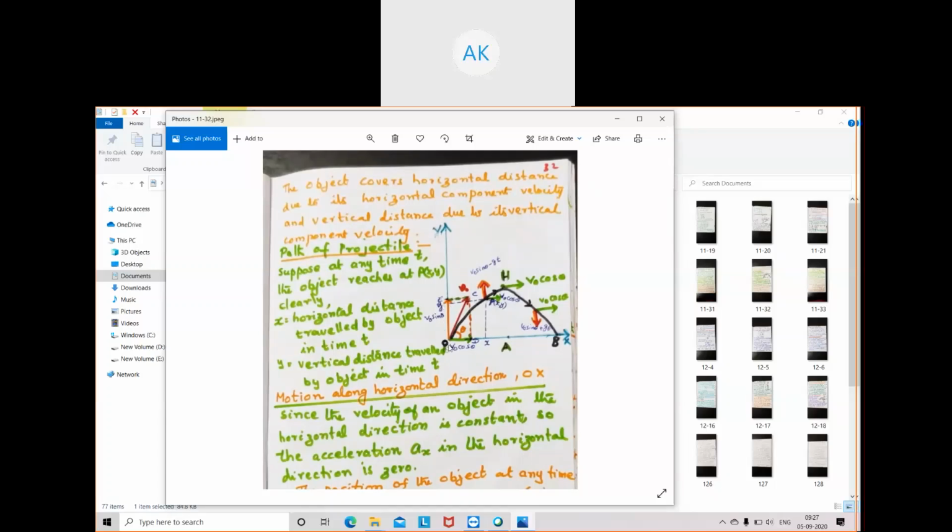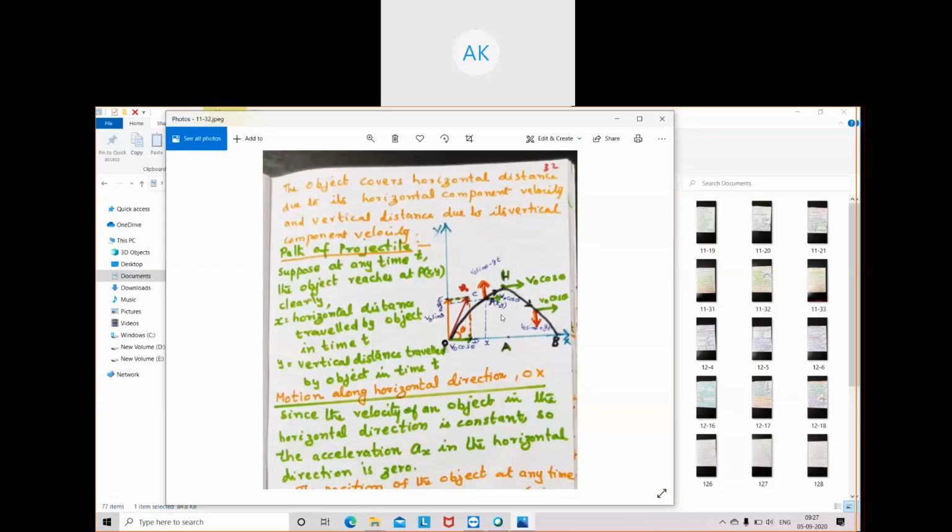OY is the distance traveled along the y direction and OX is the distance traveled along the x direction. When the body is at P, how much distance it traveled along the horizontal direction is x, and how much along the y direction is y. So the coordinates of P are written as x, comma, y.